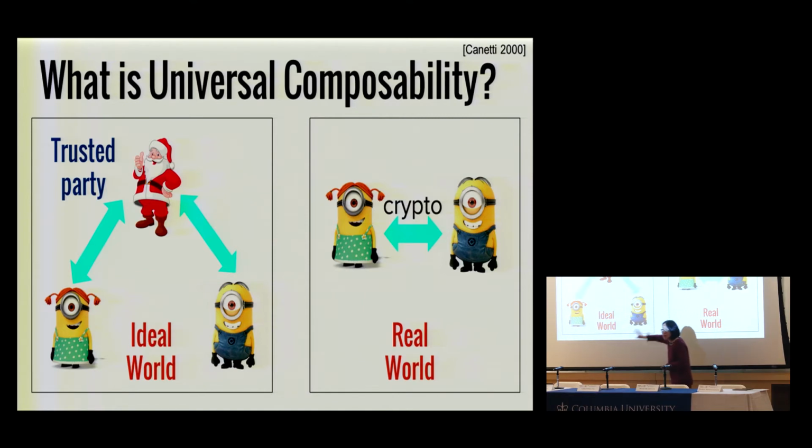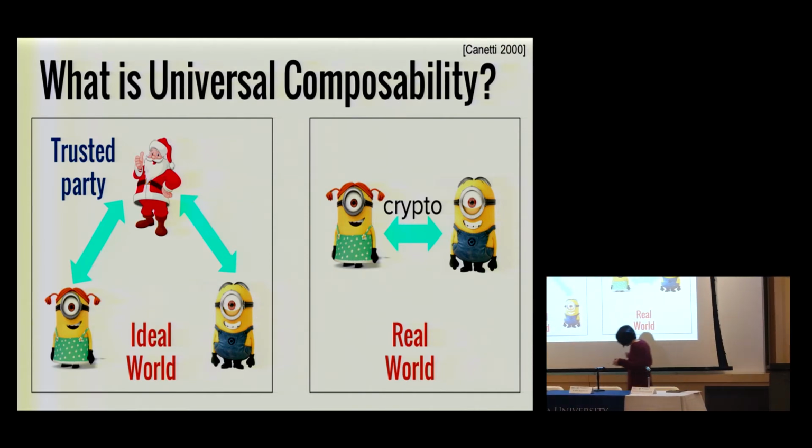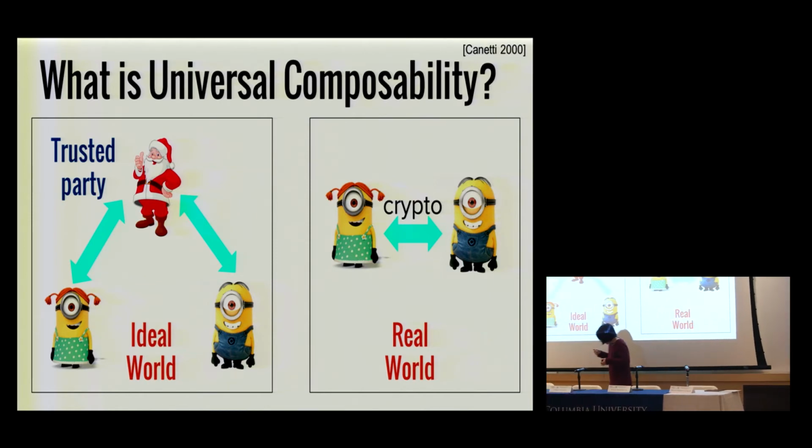Programming languages let you reason about many security properties, like information flow, in this world. The nice thing about UC is that when you instantiate this trusted authority with real-world crypto, every security or insecurity property in the ideal world will be preserved in the real world as well.